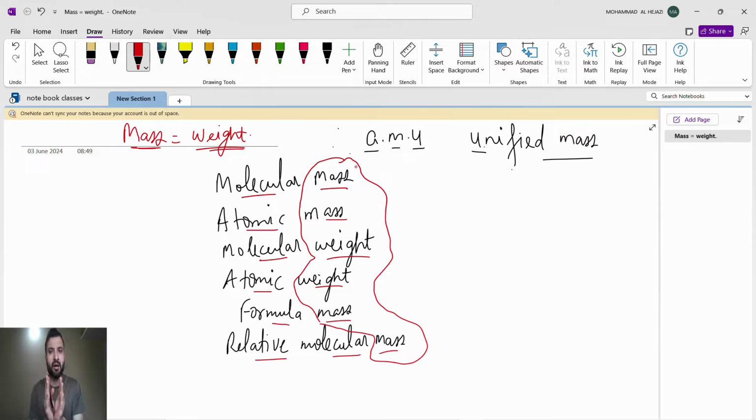If I take the mass, it is expressed in u. Molecular mass is in u, atomic mass is in u.